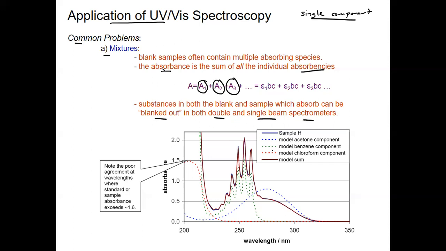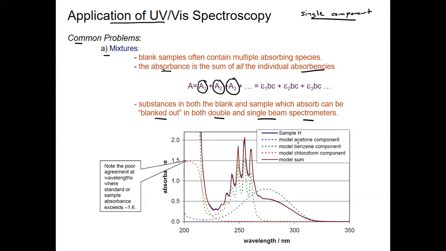Okay, so substances in both the blank and the sample which absorb can be blanked out in both double and single beam spectrometers. If you look at the example here, there's a sample H. If you model all the individual components that are present, you can find that sample H is just the sum, the total absorbance, of all the components.